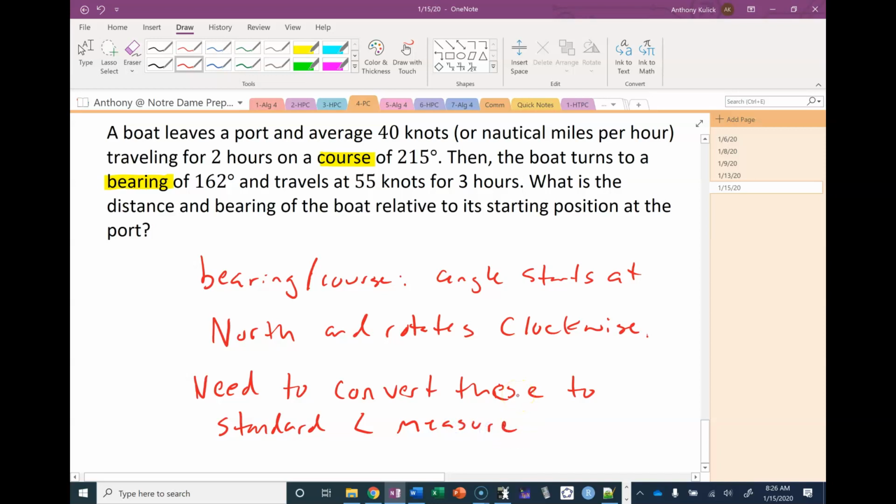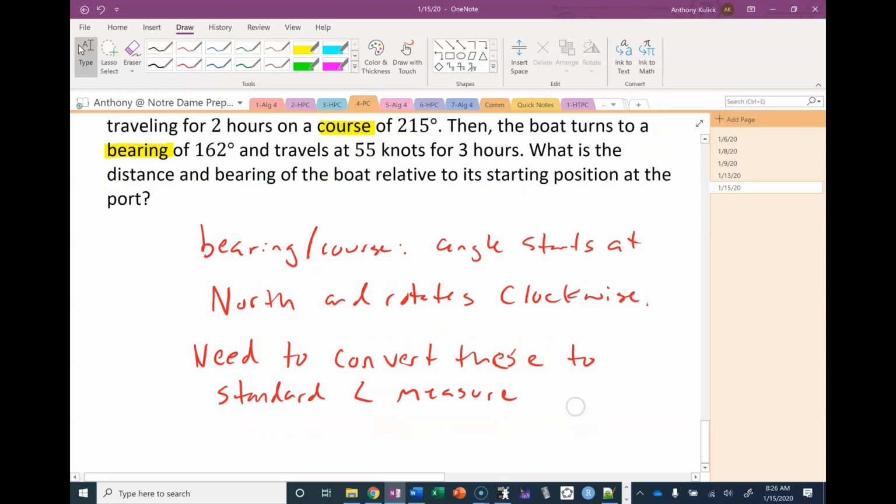So the first thing we're going to need to be able to do is to convert these bearings and course measurements into standard angle measure.